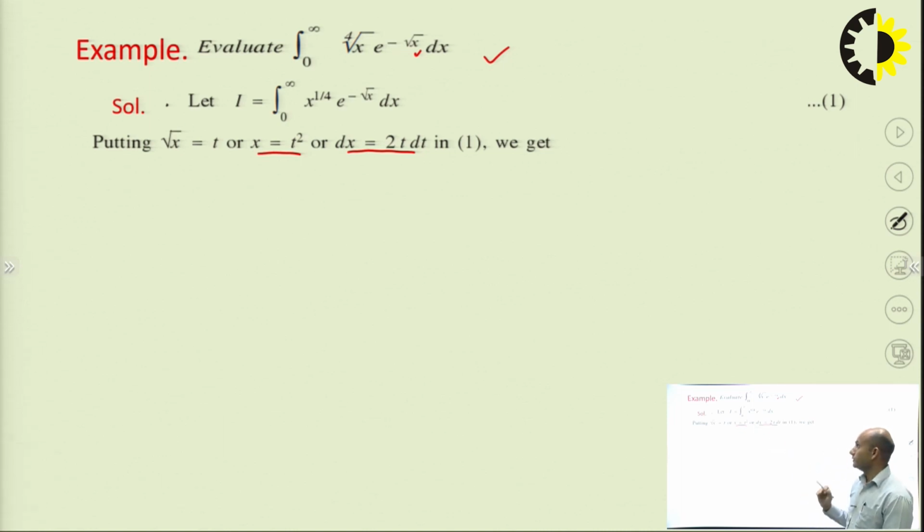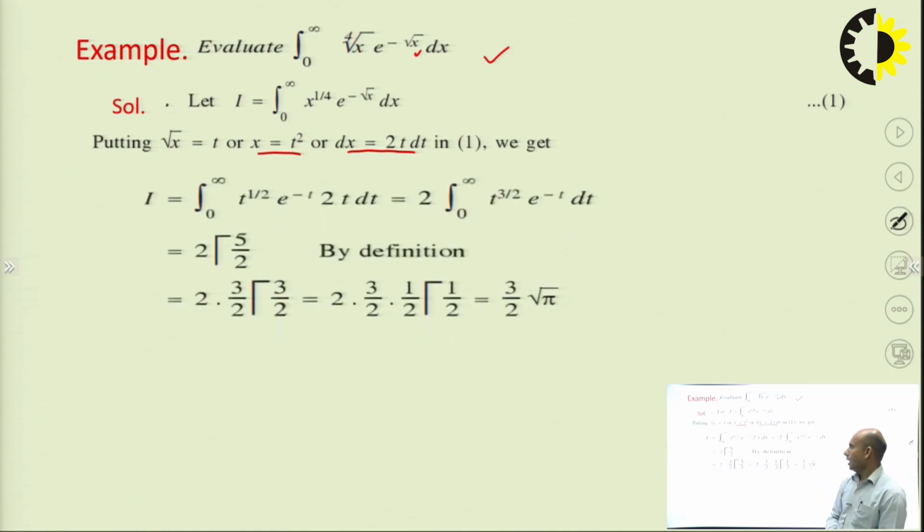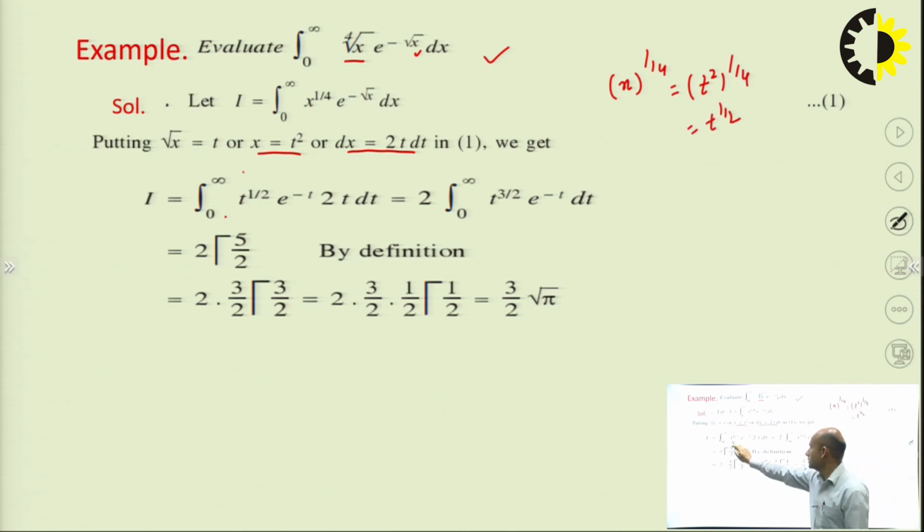Now after putting these values into the integration, we get the integral I from 0 to infinity, where the 4th root of x is x to the power 1 upon 4. Since x is t squared, we have t squared whole power 1 upon 4, which is t raised to 1 upon 2.